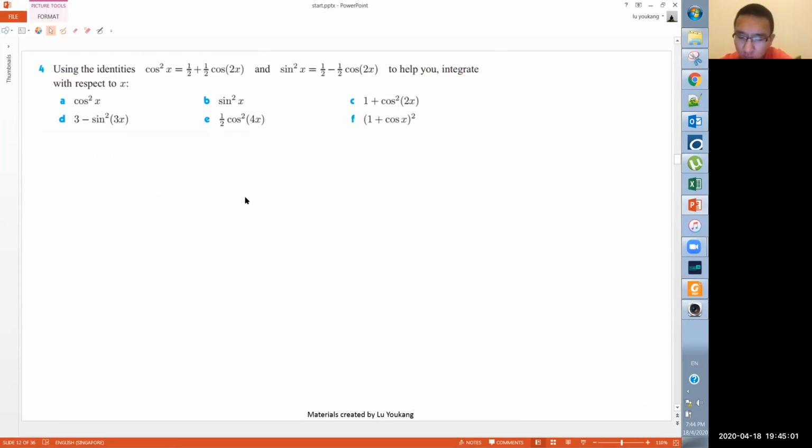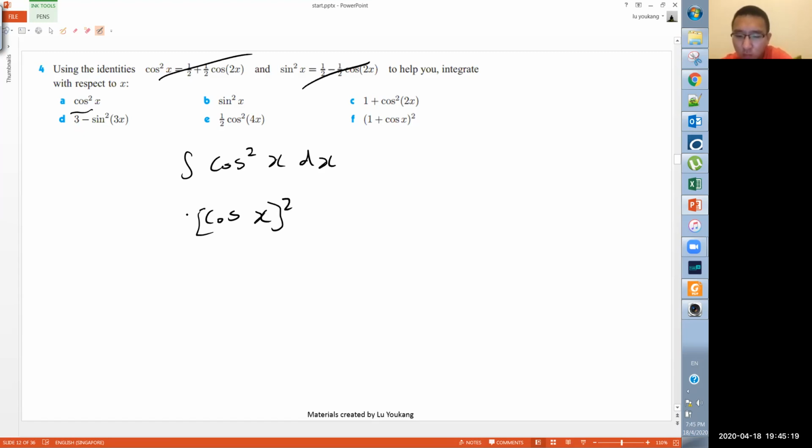Can you see over here? Yeah. If this statement is not there, how do you do integration of this? Probably what we do is we will just do it using chain rule.